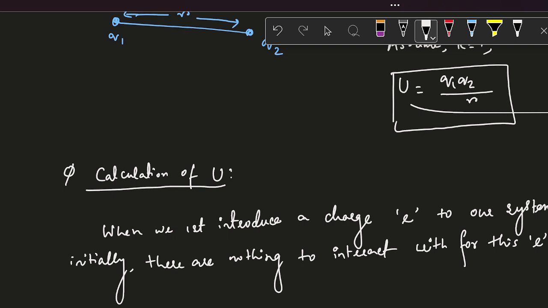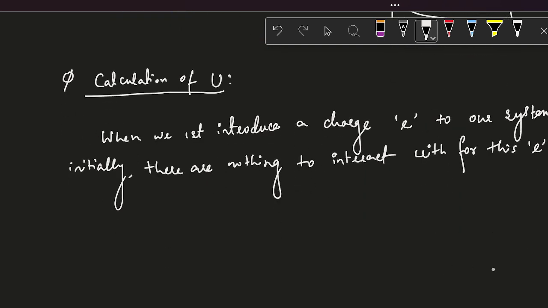Okay, so if there is no charge to interact with, your U will be 0. Why? Because when you are just introducing the first charged particle to your system, there is nothing else this charge can interact with and build up an energy. So to begin with you have 0 energy for the whole system, because you have 0 interaction scope for the particle.